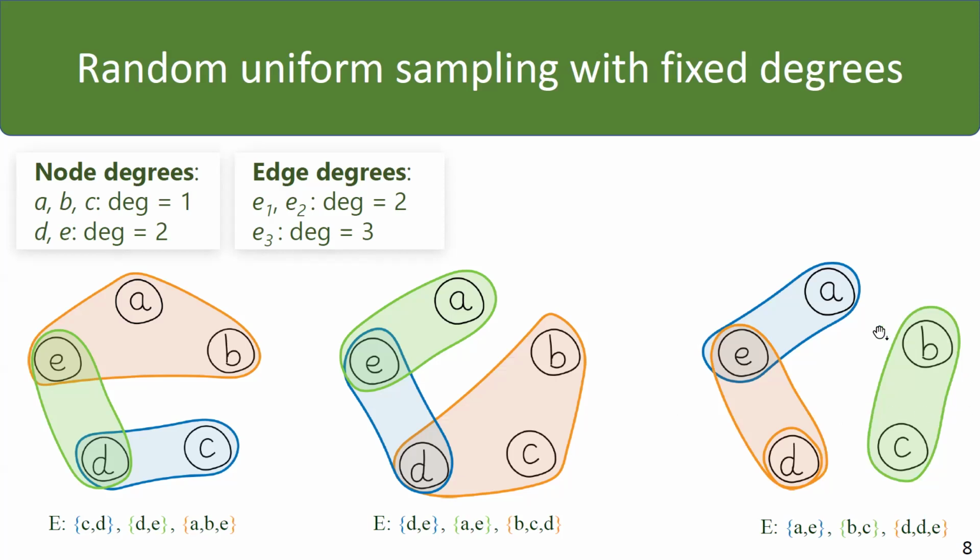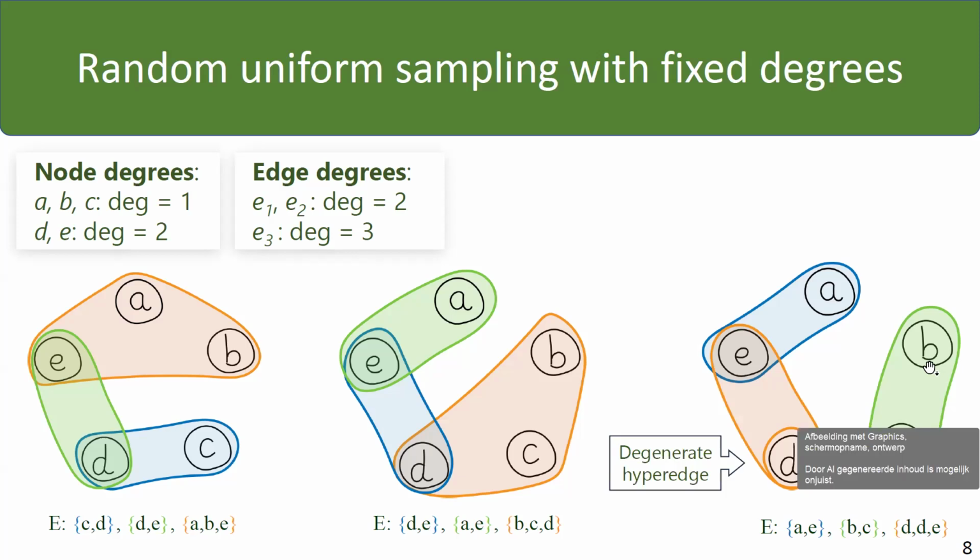This one is a bit funny because the orange edge is supposed to have 3 nodes, which it does, because node D is in there twice. It's a bit awkward to draw, but down there in set notation, you can see it better. Okay, cool. So this orange edge is a bit weird.